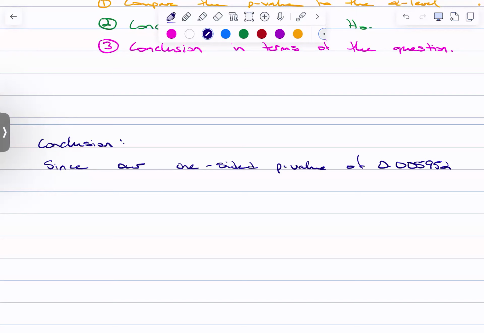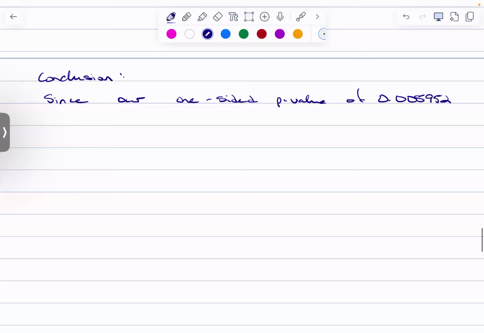is less than our, now I'm going to assume it's 0.05, right? That's our default alpha level. Is less than our alpha level of 0.05, right? Don't let those zeros throw you. It is less than.